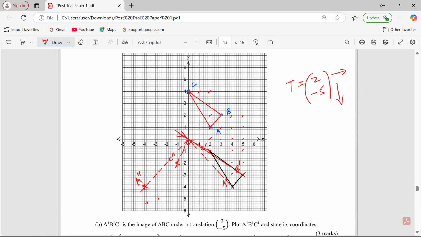We measure 90 that way. Then we are supposed to move along that 90 an equal distance, until we get the coordinates of B prime.